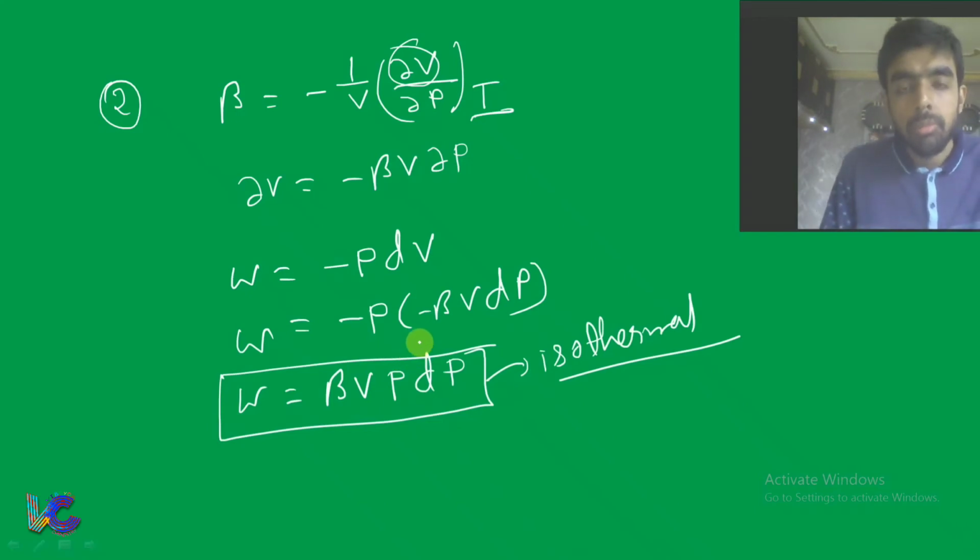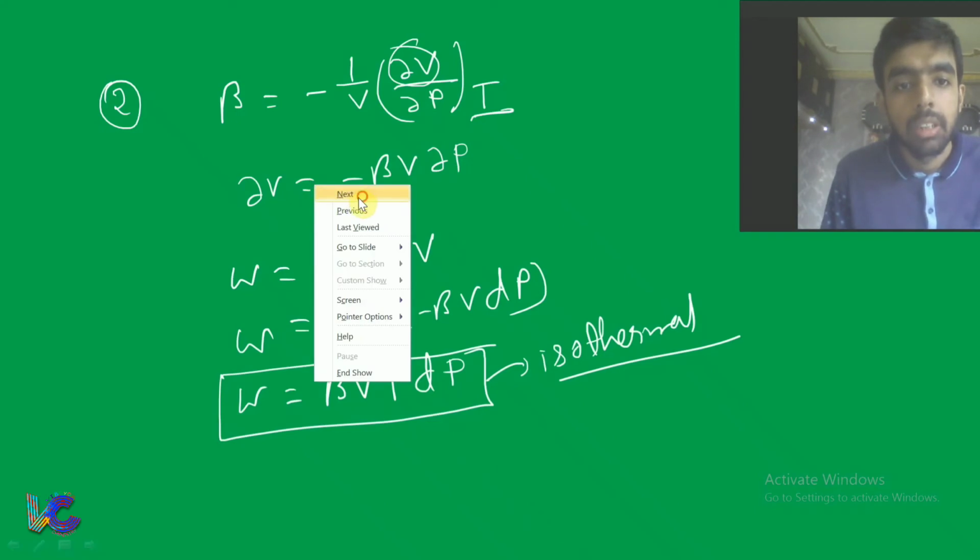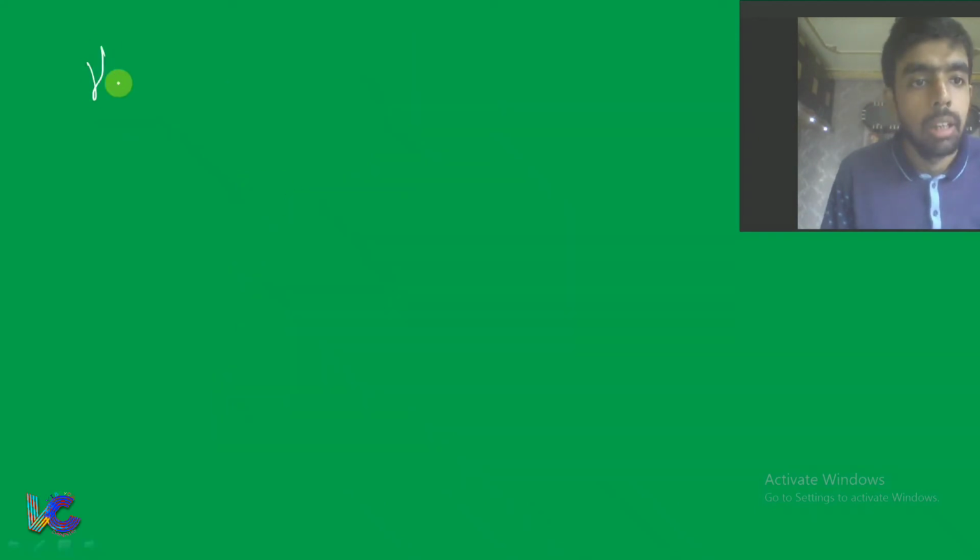So far we have discussed alpha, its mathematical expression and importance. Now we have discussed beta, its mathematical expression, its importance, and we have also seen the units of alpha and beta. Now let's talk about another thermodynamic coefficient, that is gamma. Gamma is the isochoric temperature-based pressure change coefficient.